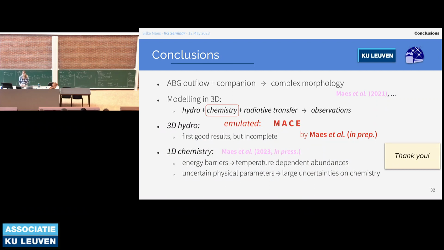Well, that's indeed a difficult question, and I'm looking at Frederik. He's looking into that. The thing is, I talked about the uncertainties, and that fitted together with that one project about studying the parameter space. But indeed, for the combination of our hydro and our chemistry with these neural networks, it is very hard to propagate uncertainties.